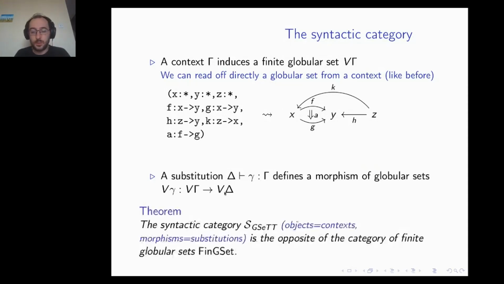So really what I'm doing here is defining a functor from the syntactic category, where the objects are the contexts of the theory and the morphisms are the substitutions, to the opposite of the category of finite globular sets. Why is it opposite? Because you can see here that I go from Gamma to Delta to Gamma, then the V goes from V Gamma to V Delta. And it's finite because the contexts in the theory are only allowed to be finite. I can't have infinite contexts.